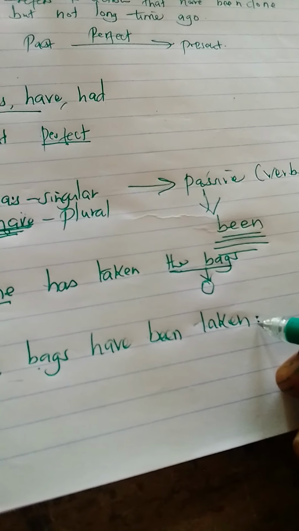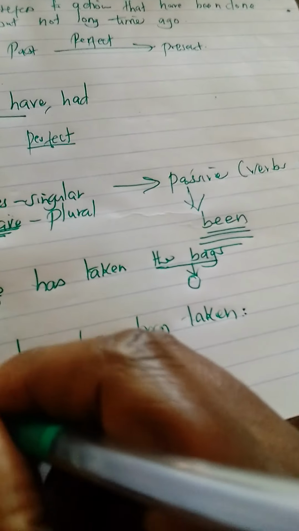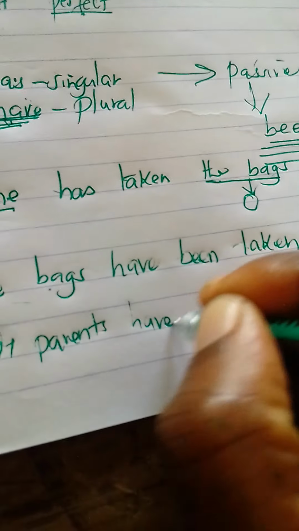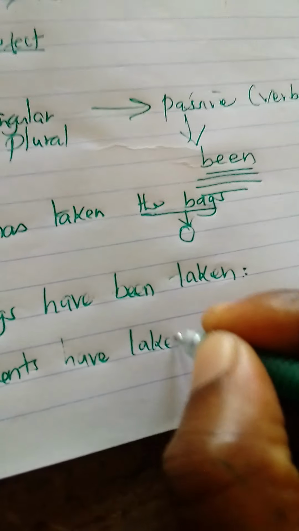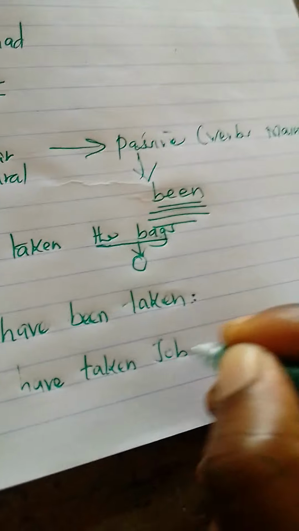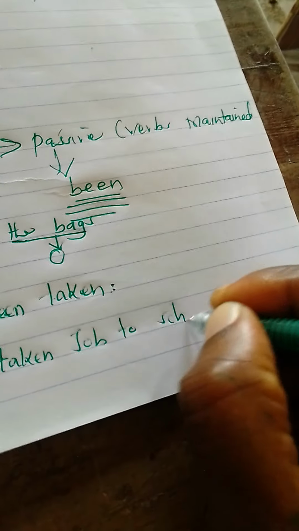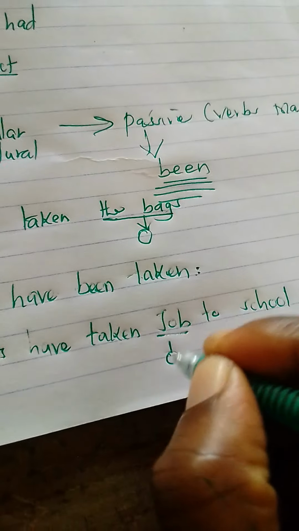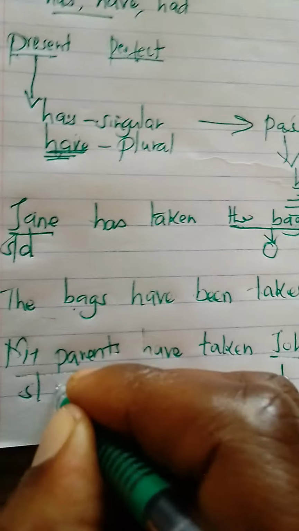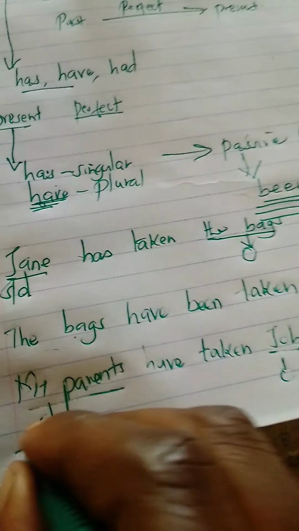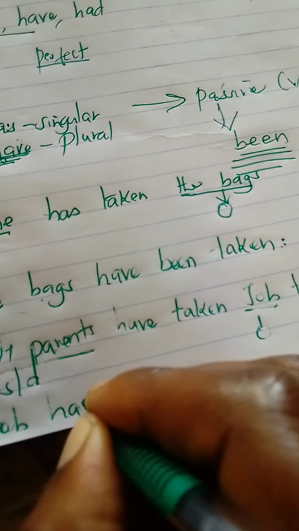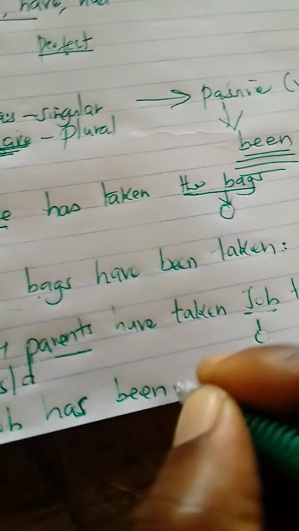The second sentence can be my parents have taken job to school. So that job is our object, my parents is our subject or doer. So it becomes job has. Job is one person. Has. Remember the word been.